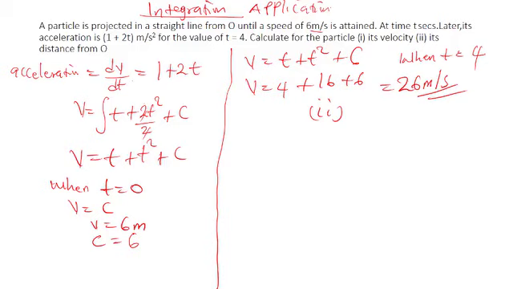Now let's do the distance. Distance is x, but remember that v is equal to dx over dt, that is distance over time. So therefore our x will be the integral of our v. So the integral of v is t squared over 2 plus t cubed over 3 plus 6t plus a constant.